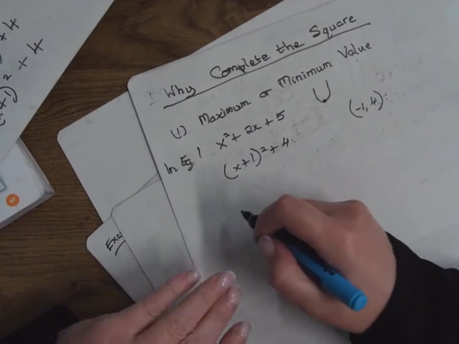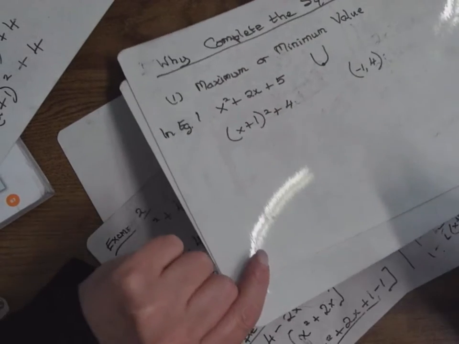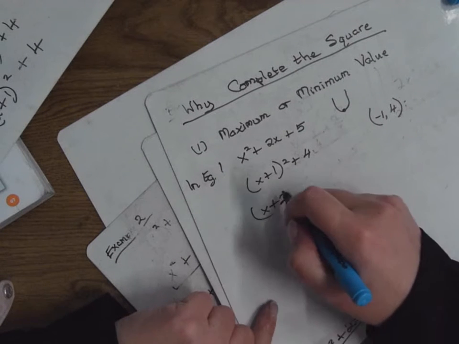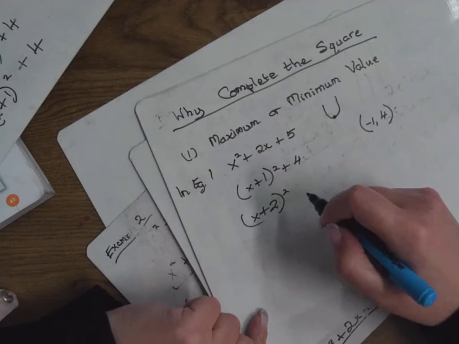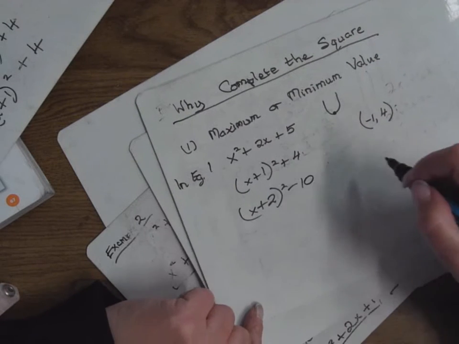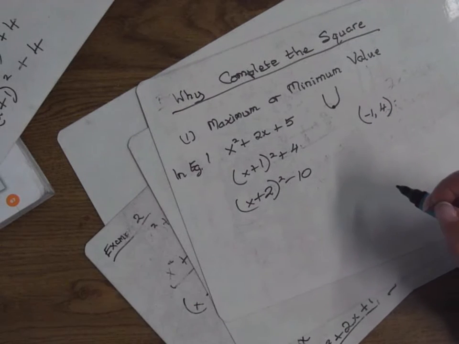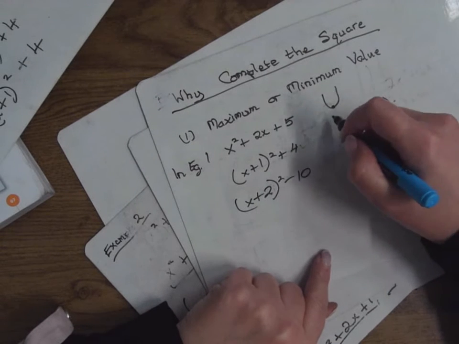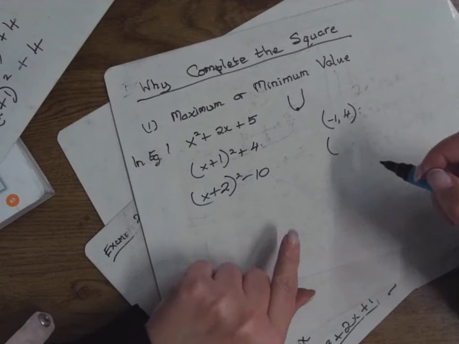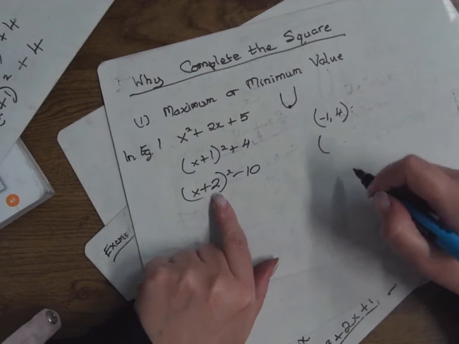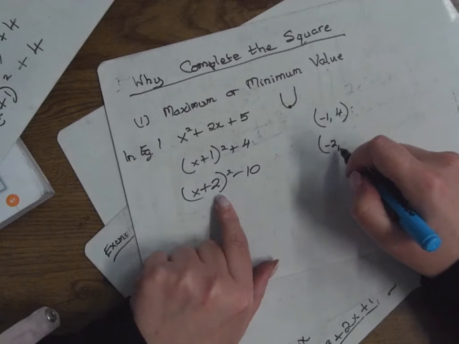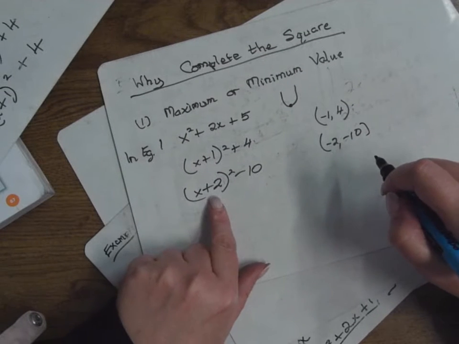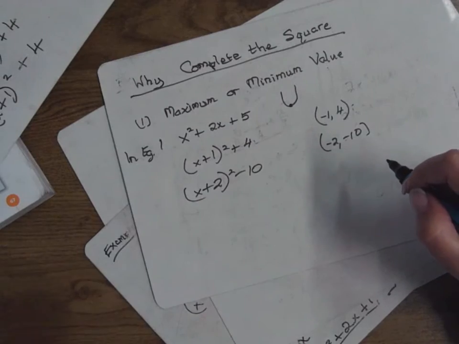For example 2, we ended up with (x plus 2) squared minus 10. Again it was a positive x squared term, so it's a minimum value. What's the minimum point here? Minus 2, minus 10. So it's the opposite sign for the x and the same for the y.